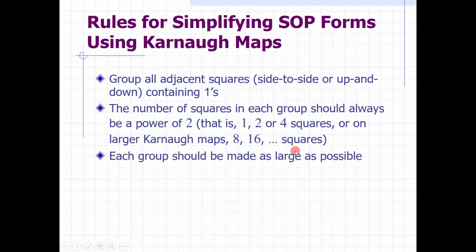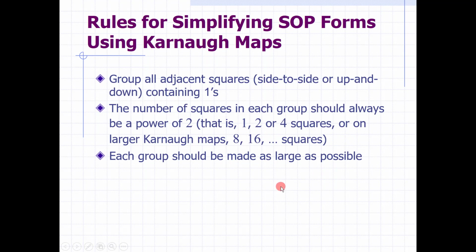When you're doing that, you want to do them in powers of 2 for your groups. Powers of 2 will have things in common. So you can have groups of 1, groups of 2, groups of 4, groups of 8, groups of 16. But don't try to do odd numbered groups.